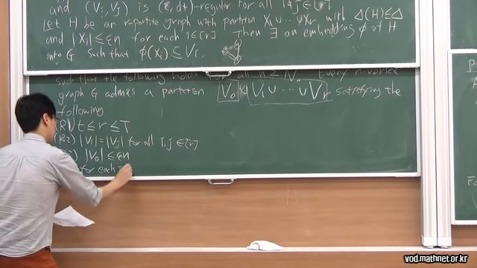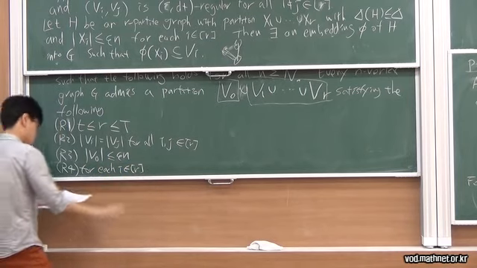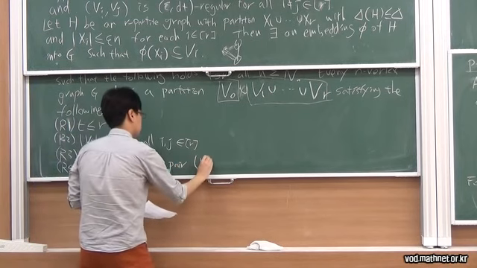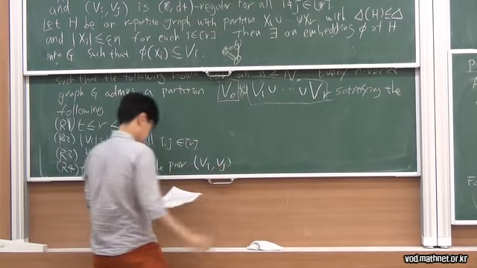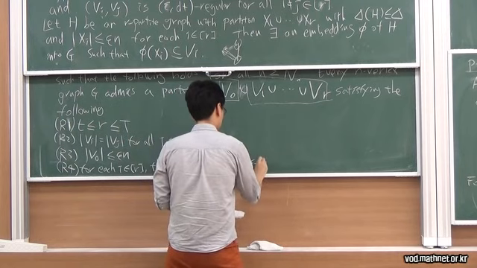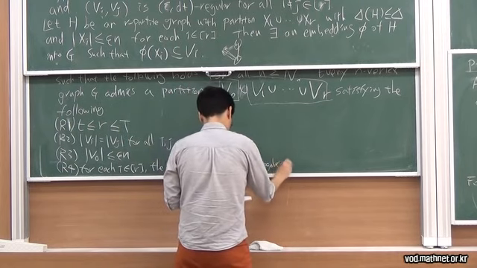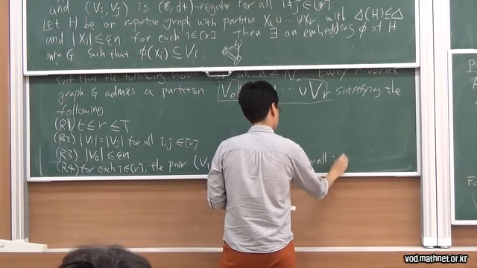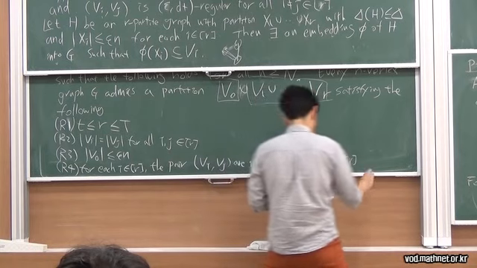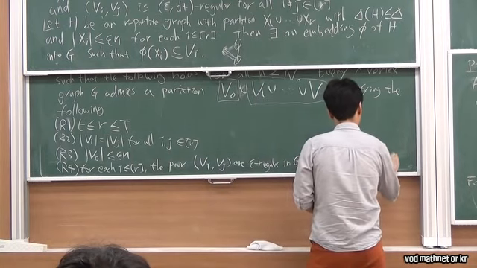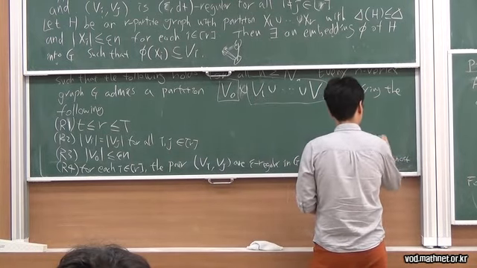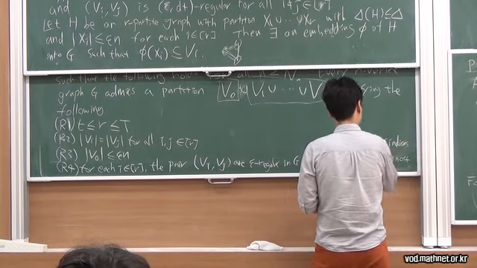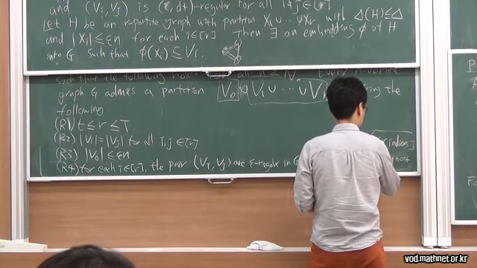So for each i, the pair Vi and Vj are epsilon regular in G for all j except at most epsilon r indices j.